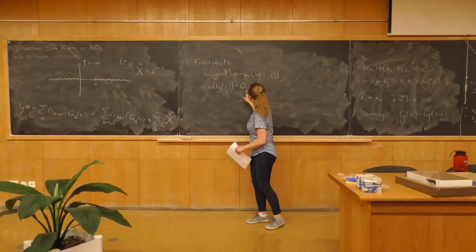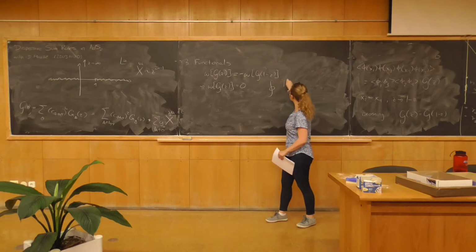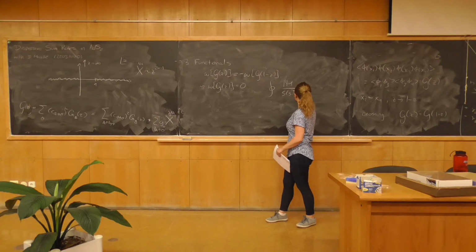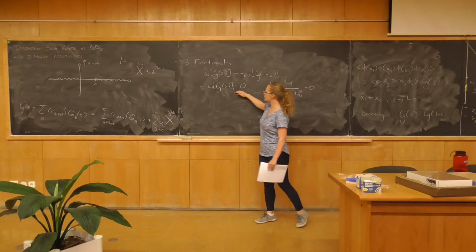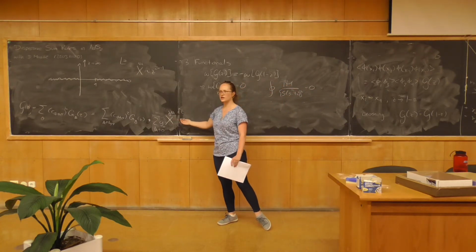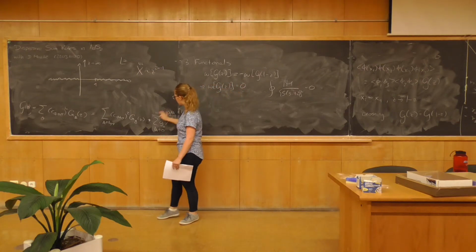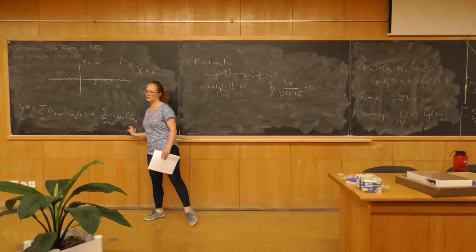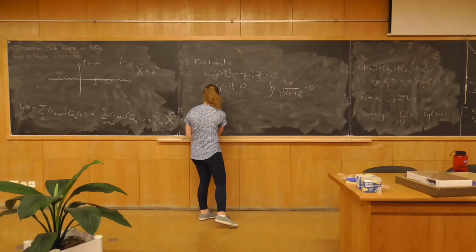This is basically the analog of our contour deformation of m over s times s minus 4m squared to some power of k being equal to 0. So this will be acting 0 on 0, and then we can plug in our expansion in UV and IR parts, and we'll have one part acting on the IR part and one acting on the UV part. So what does the action of a functional look like?